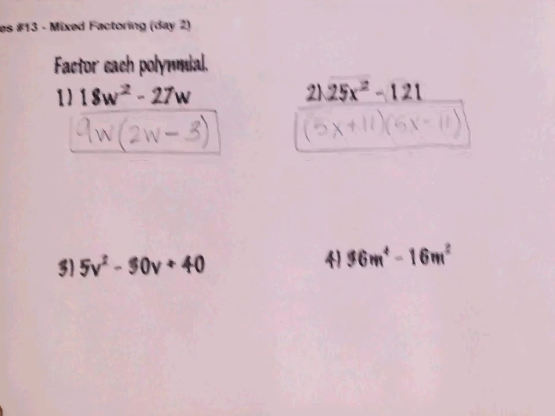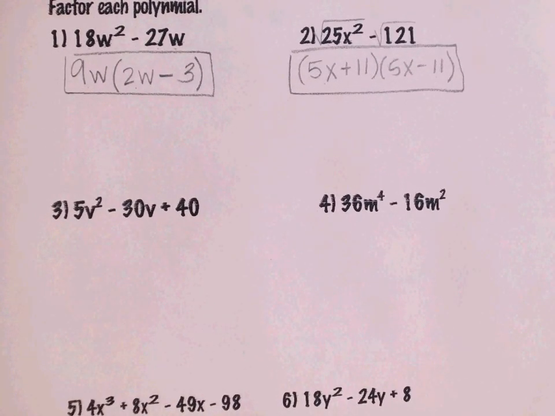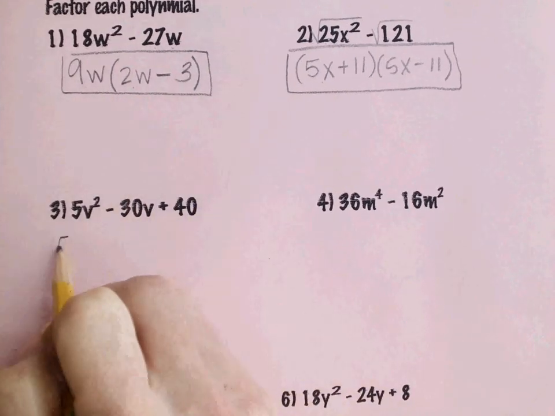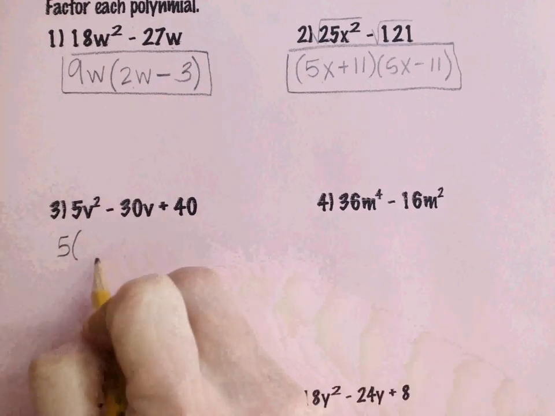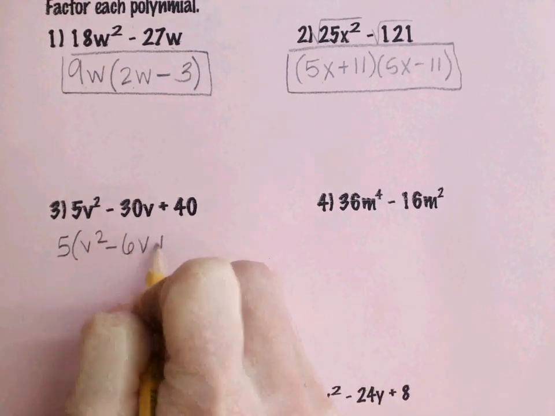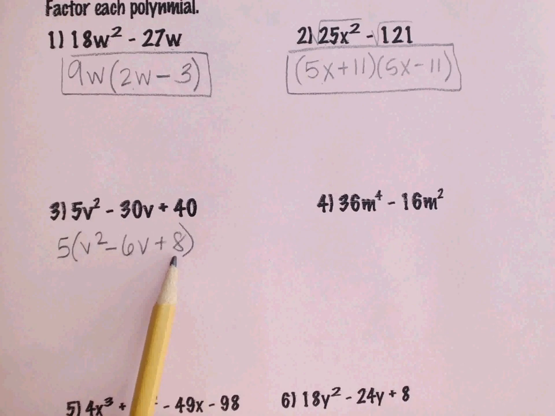All right, so for problem number three, I'm going to look for a GCF. And I see that I can factor out a 5. When I factor out a 5, I'm left with v squared minus 6v plus 8. Then I look inside parentheses, and this time I have three terms.